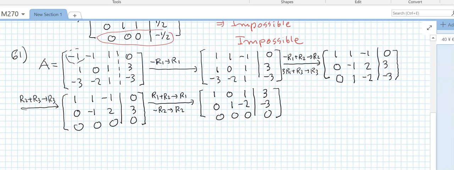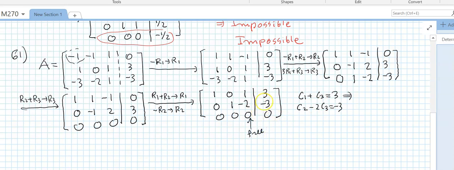So now what is the meaning of this? The meaning is C1 plus C3 equals 3, and C2 minus 2C3 equals -3. By the way, C3 is a free variable.